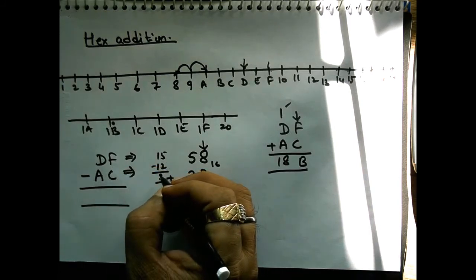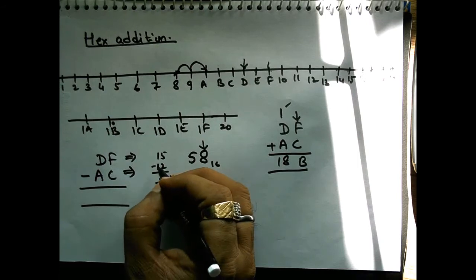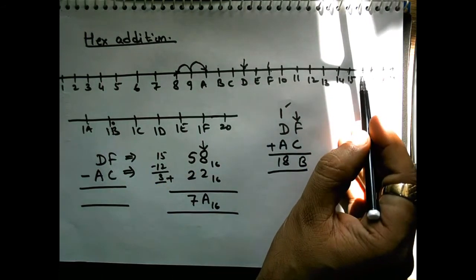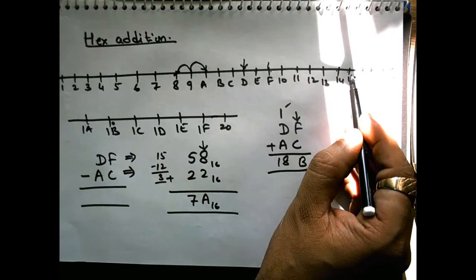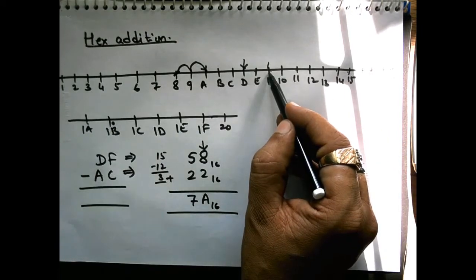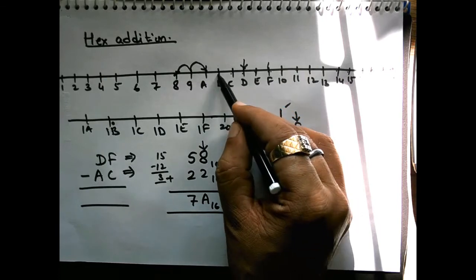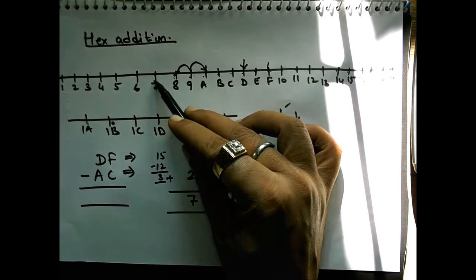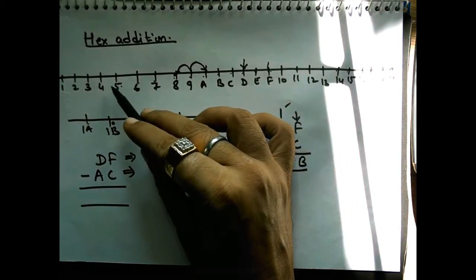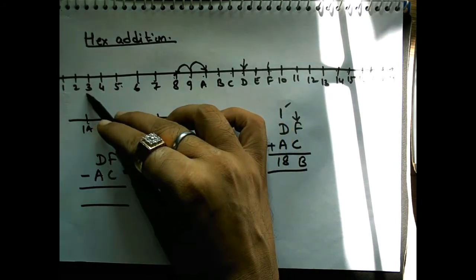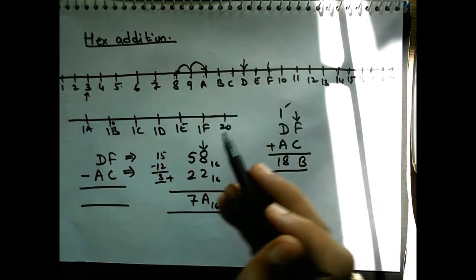So 3 is the answer. Or you move just 12 steps to the right starting from F. So 1 2 3 4 5 6 7 8 9 10 11 and 12. So you will reach this 3.